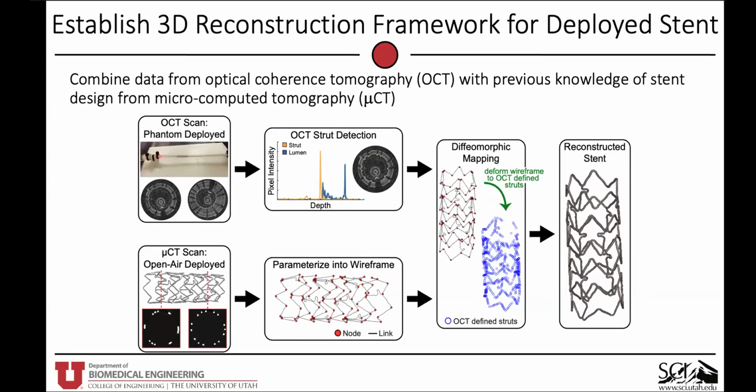In addition, an identical stent was deployed on the bench top in open air, and micro CT data were collected. This data were parameterized to create a wireframe, and we used something referred to as diffeomorphic mapping, which I'll get into, that allowed us to deform that wireframe to match that in vivo OCT point cloud to give us a full 3D reconstructed stent design.